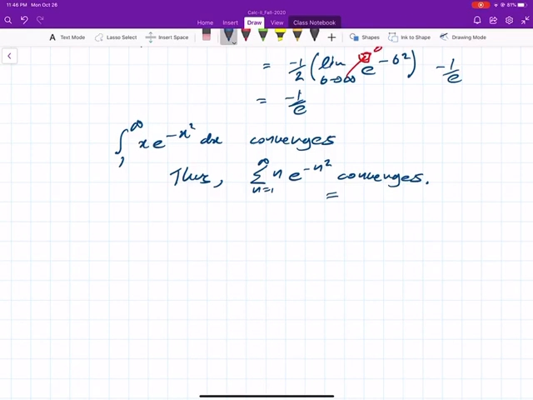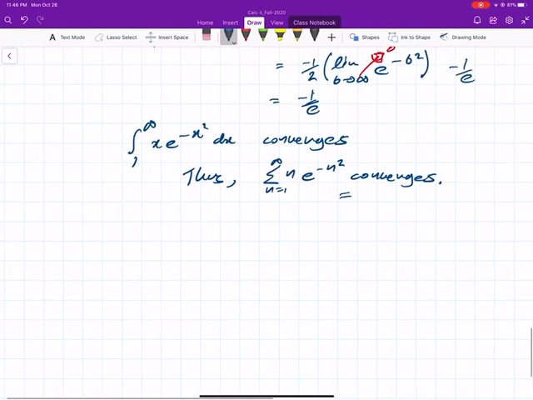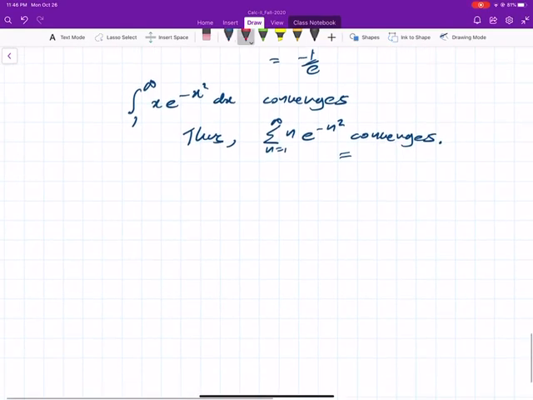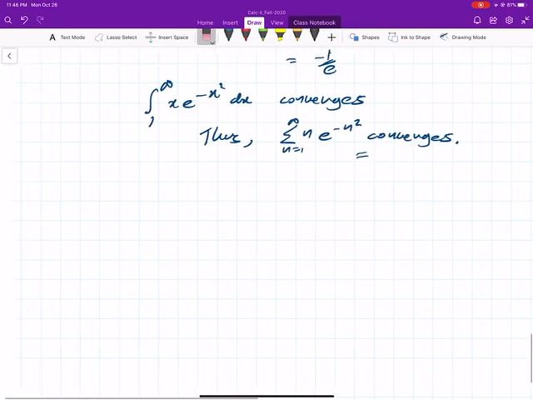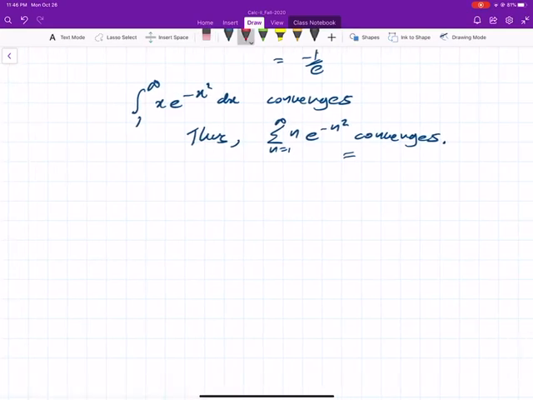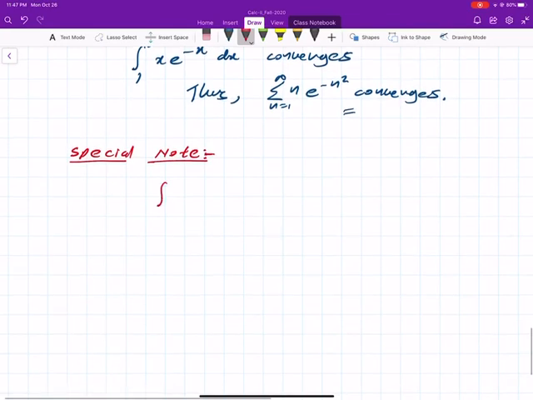Before moving to the third example, I would like to give you a special note. This note is about P series. This is a very special note. I will just write it in red color. Special note. This special note says you want to integrate 1 over x to the power p from 1 to infinity.